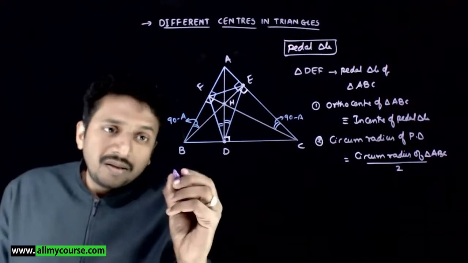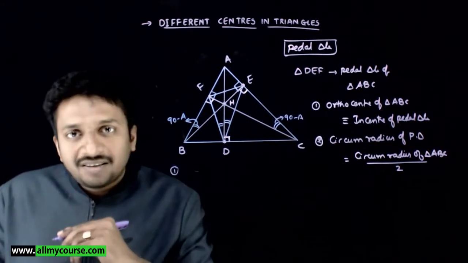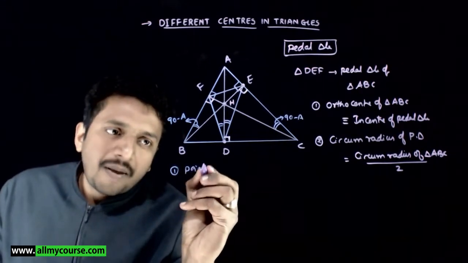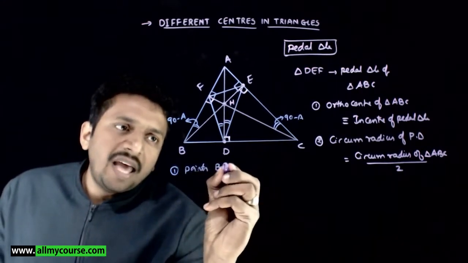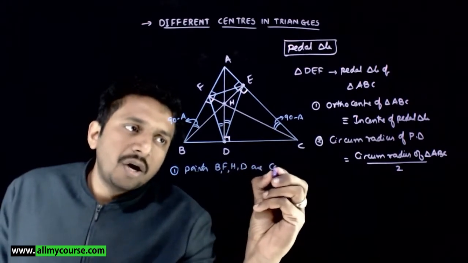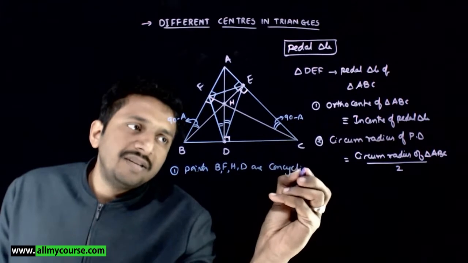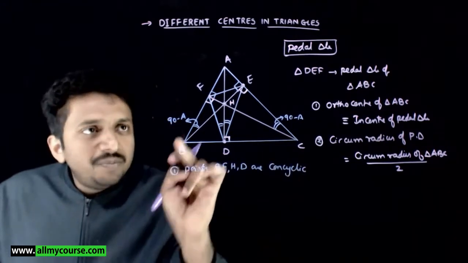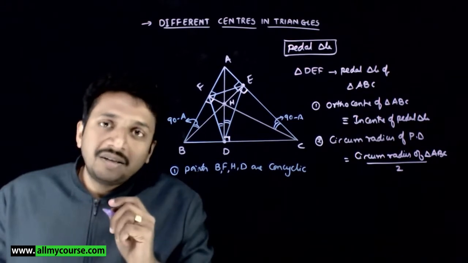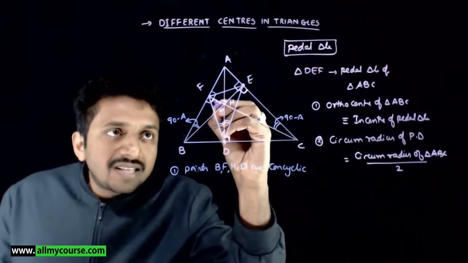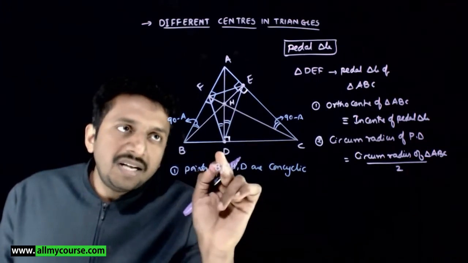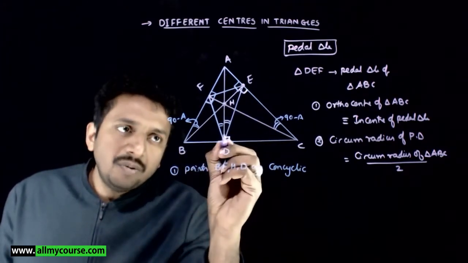Now, I'll use the first result, which is that points B, F, H, D are concyclic. Can I say this? Points B, F, H, D are concyclic because the sum of angle BFH and angle BDH is equal to 180 degrees.